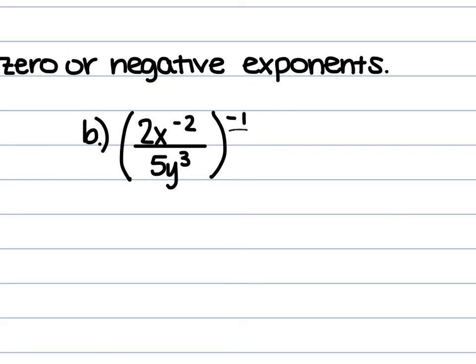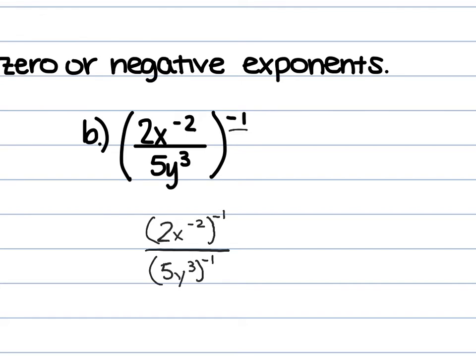Why? Because it's all in the parentheses. So we get 2x to the -2nd power, that is being raised to the -1st power. And down here we've got 5y to the 3rd power, and that is being raised to the -1st power.